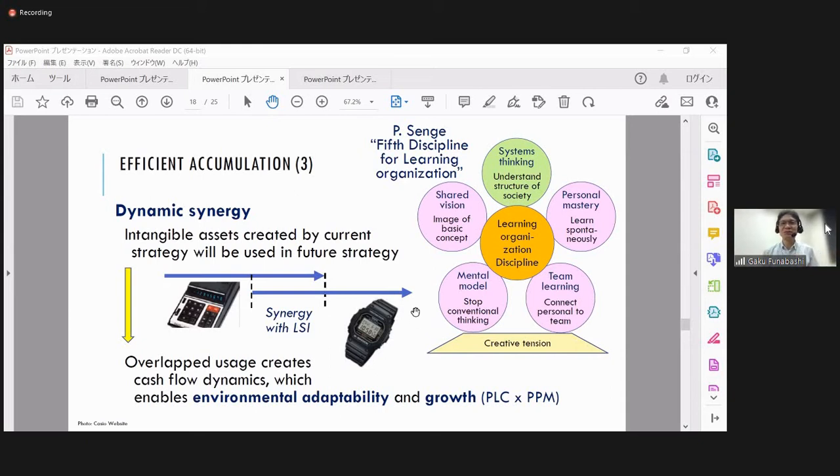Just remember, there is a case, product portfolio management and product life cycle, mixed, not combine them. And when you think about the future product, combining these two concepts and think about the possible actions for the future, I mean the investment for the future is necessary. That is a dynamic synergy.